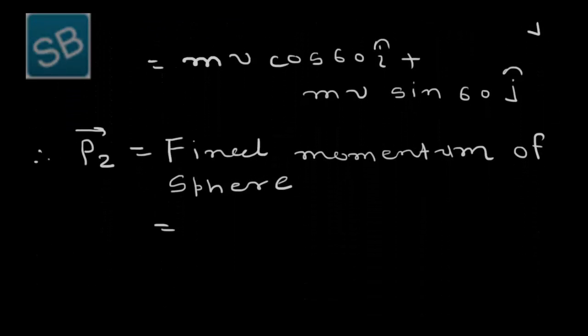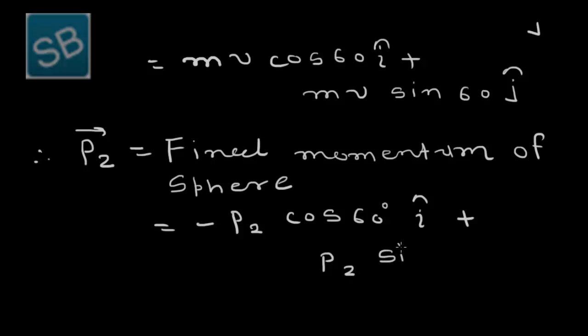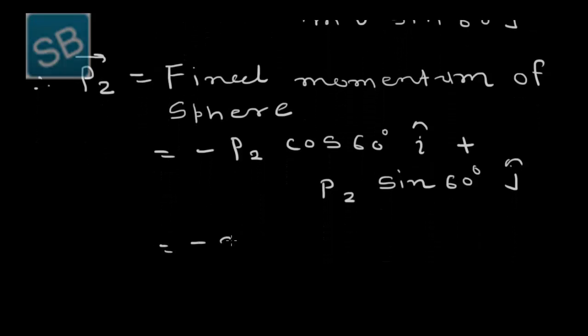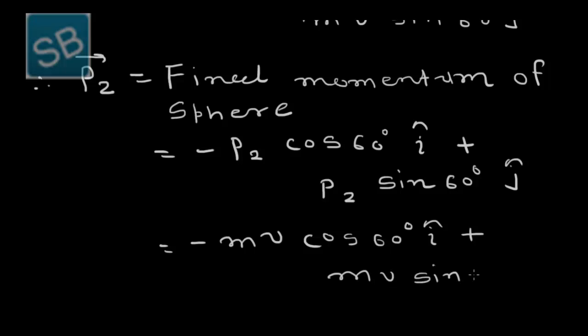So for the x-axis I have to put the negative sign. So minus P2 cos 60 i cap plus P2 sin 60 j cap is equal to minus mv cos 60 i cap plus mv sin 60 j cap.